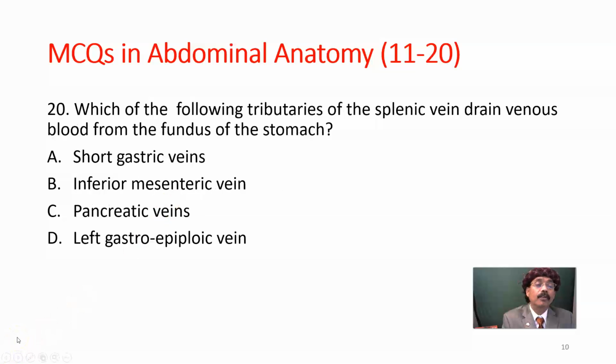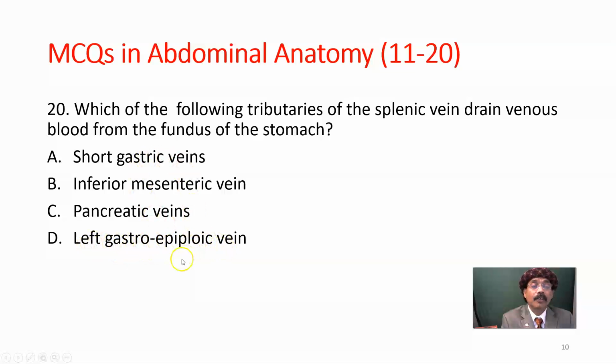Question number 20. Which of the following tributaries of the splenic vein drain venous blood from the fundus of the stomach? Short gastric vein, inferior mesenteric vein, pancreatic vein, left gastroepiploic vein, also called left gastro-omental vein.